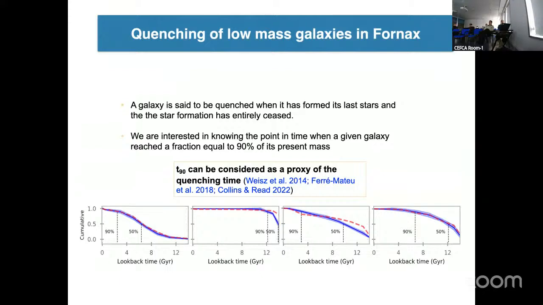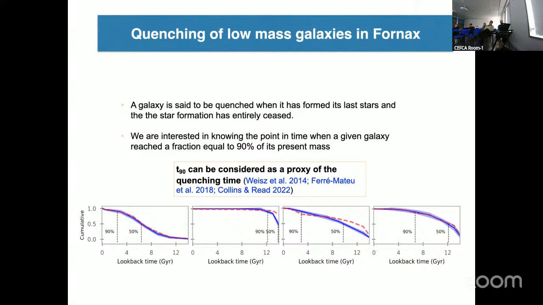And the last thing that I would like to explain here is that, as I told you, the star formation history gives us several time scales. And one time scale which is interesting is the T90, which is considered a proxy of the quenching time. These are examples of the star formation history of the dwarfs in the Fornax cluster, and you can see that there is a variety of different values of the T90.